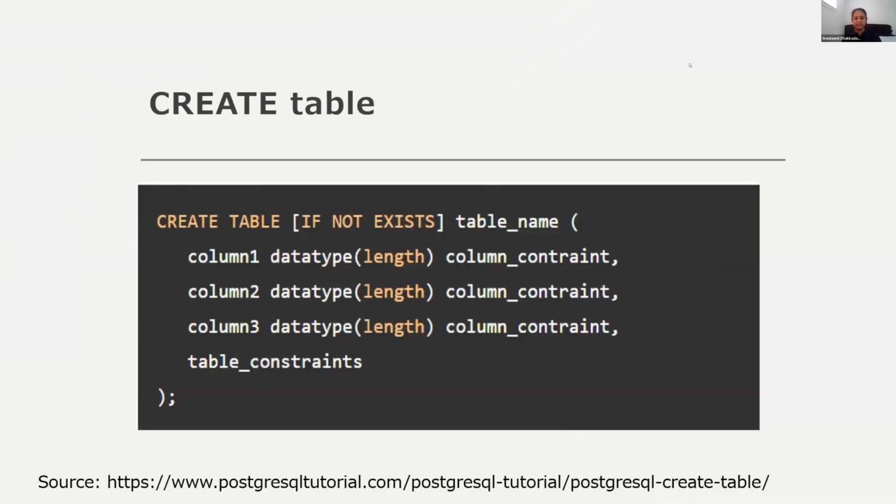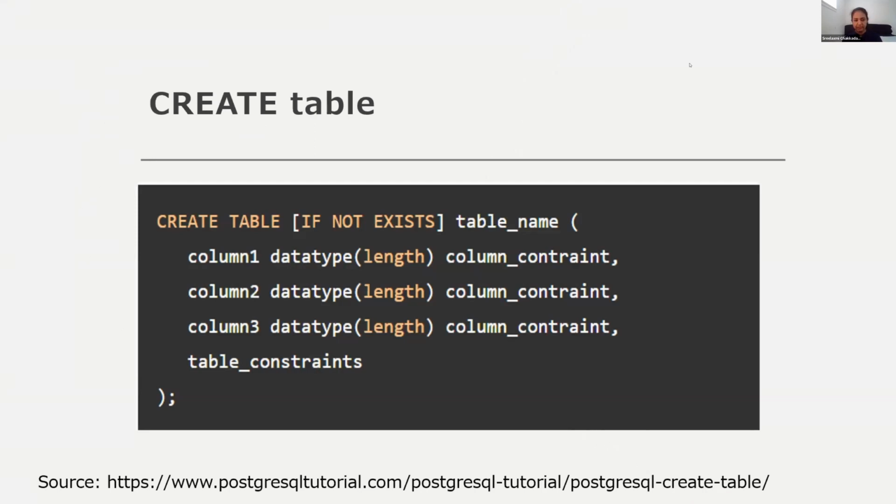So this is the syntax for the create table command. Create table, you can put if not exists because we don't want to overwrite a table which is already existing in the database. Table name, you can give a table name which is relevant to the data that you're storing.